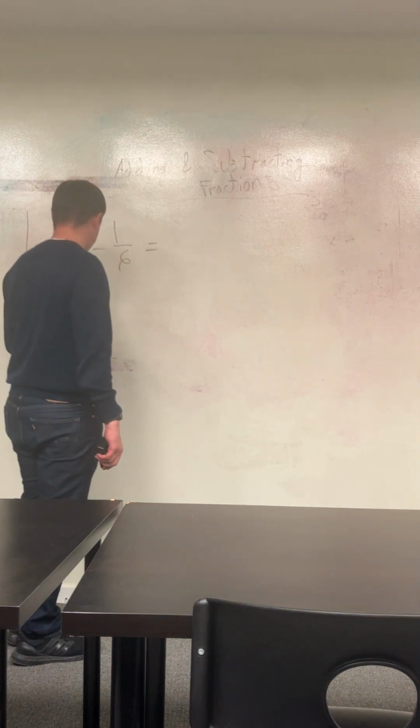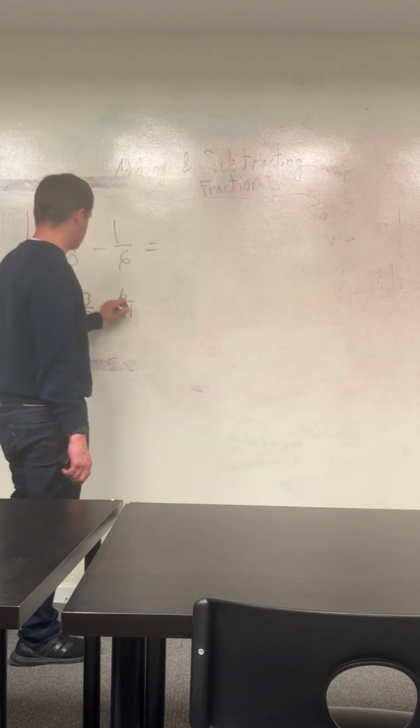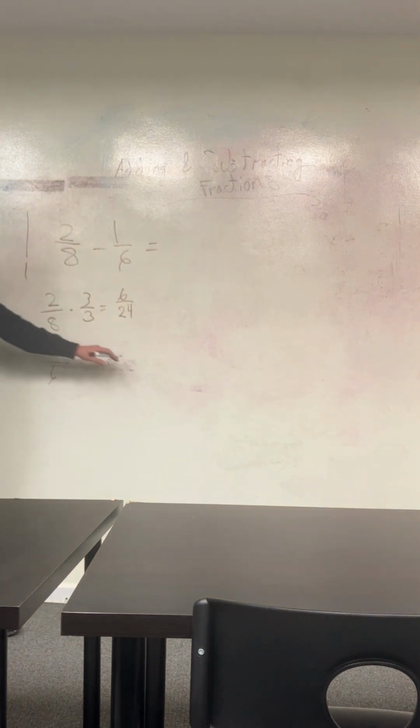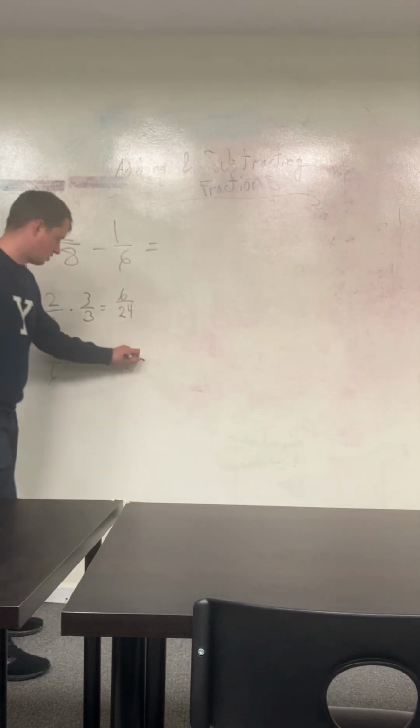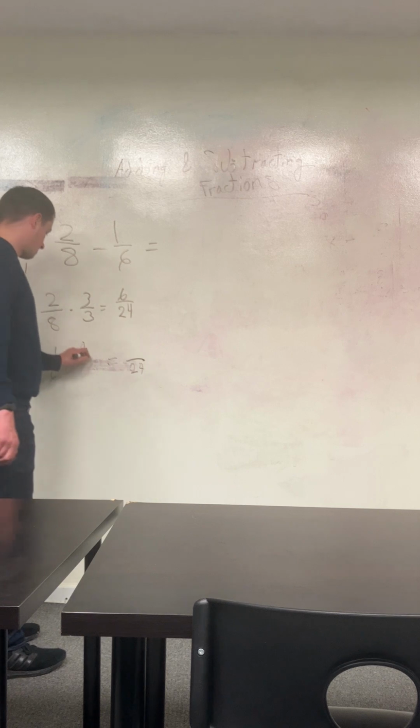Okay. So now Ruth, tell me what could we do to get this one to be over 24? What could we do here to make them both have 24? 4 over 4. Yep, exactly.